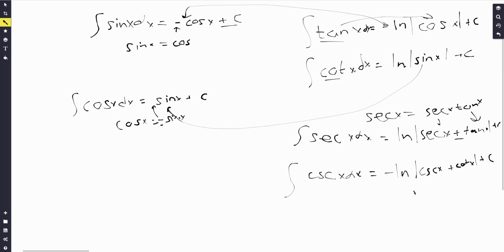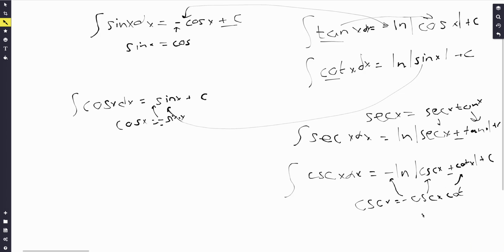The same idea applies for the derivative of cosecant x, which gave us negative cosecant x cotangent x, which we can also see here with the negative sign, the cosecant and cotangent. Again, they're just being added.